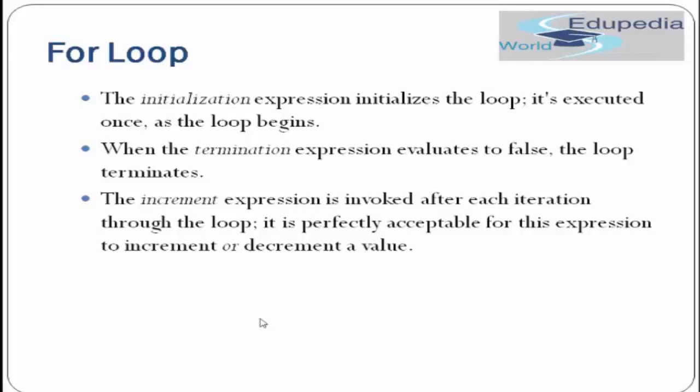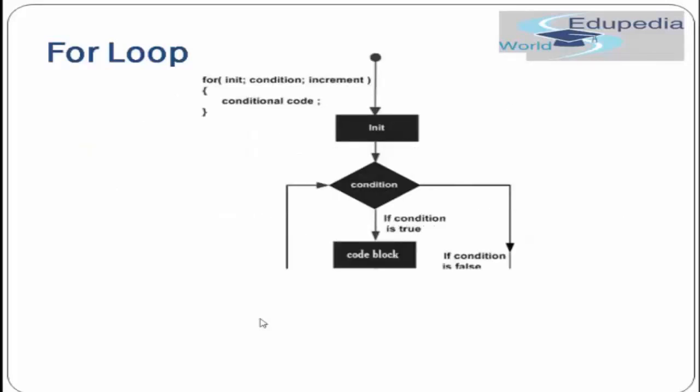Then we have the increment expression. The increment expression is invoked after each iteration through the loop. It is perfectly acceptable for this expression to increment or decrement a value. So it need not always be an increment. It can also be a decrement. It is just to keep the loop ongoing, so we need to increment or decrement.